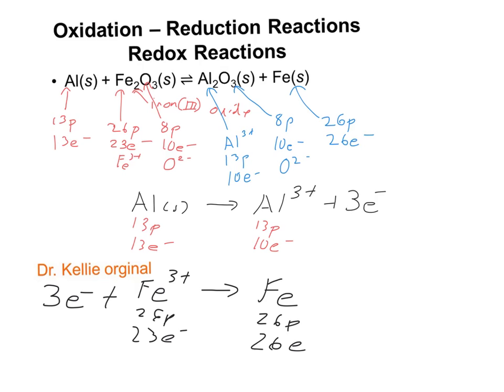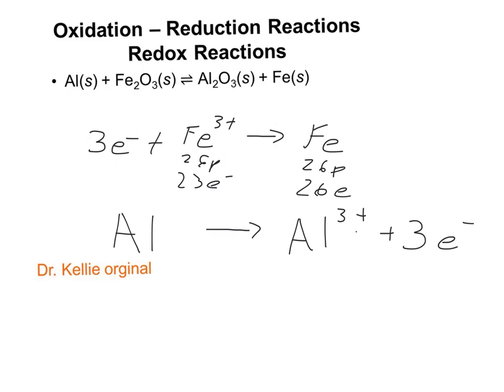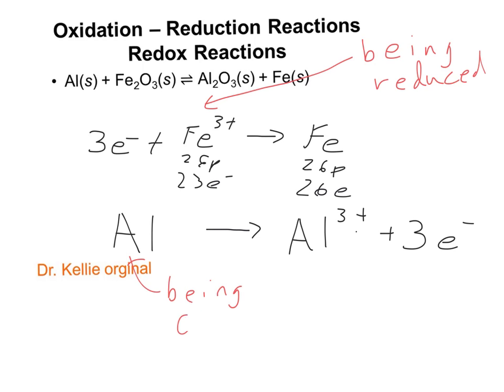Specifically, we would say that our iron gained electrons, and therefore our iron 3+ was being reduced. Our aluminum lost electrons, and therefore we would say that our aluminum is being oxidized.